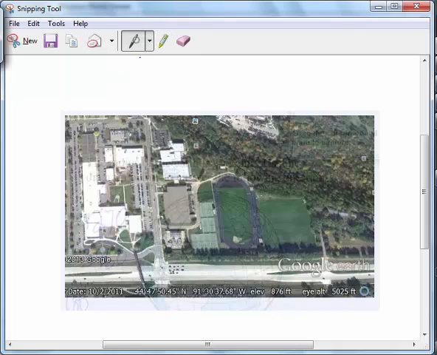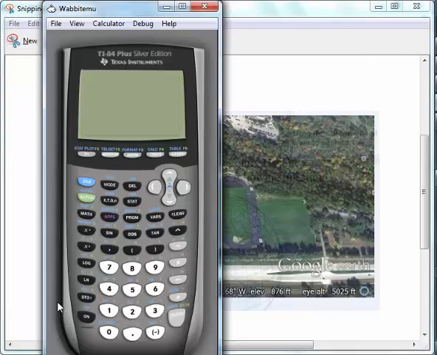So we know how many degrees it is, but remember, we have to take our degrees and convert them to radians. We know that 180 degrees is pi radians, so we'll take that number of degrees times pi divided by 180.